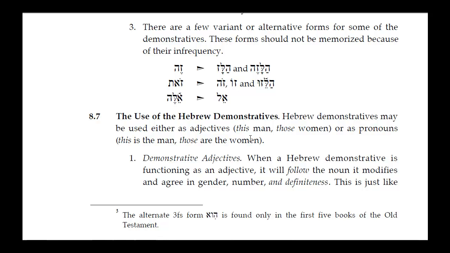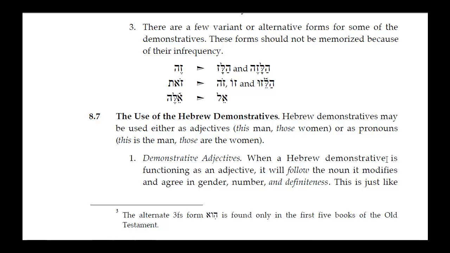The attributive adjective basically agreed with the noun it modifies in gender, number, and definiteness, whereas a predicative adjective agreed with the noun it modified in gender and number only, without the definite article. And somewhat the same thing when we use these demonstrative adjectives. They follow exactly like the attributive adjective.